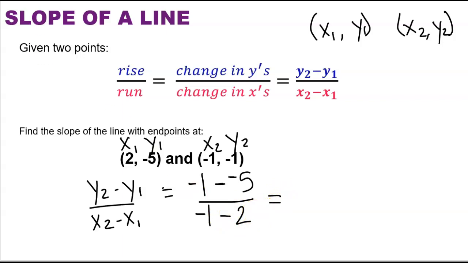Filling in here, remember that whenever you have minus a negative, those are going to become positive. They cancel each other out. So when we have -1 plus 5, that ends up being 4. And then the bottom, you have -1 minus 2, which ends up being -3. So just to be clear, the slope would be -4/3.